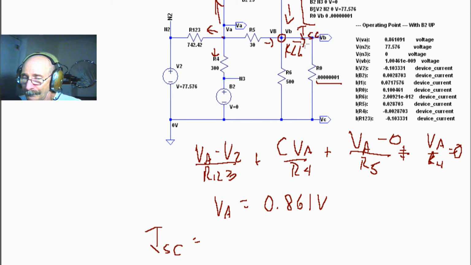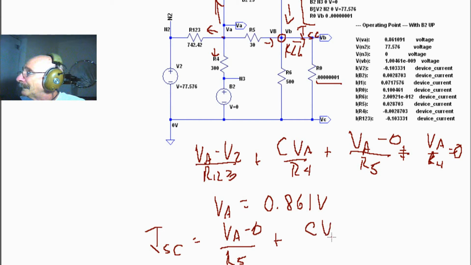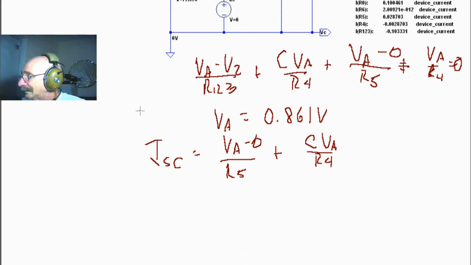So that is just going to be VA minus 0 divided by R5 plus C times VA divided by R4, which is that current right here. So we've got these two currents, and then we just calculate those, and that is ISC.